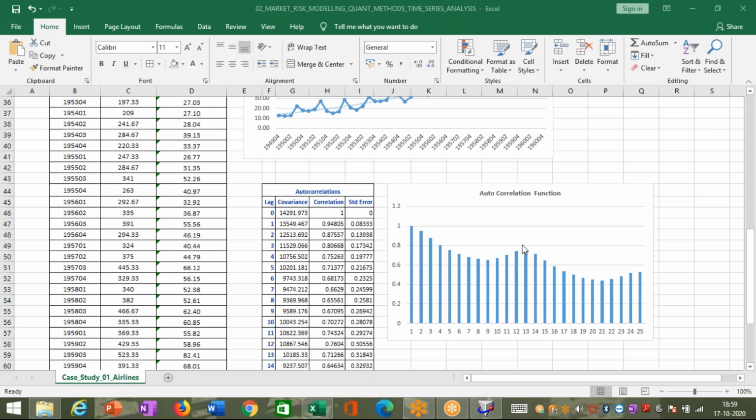Okay. So then again, what you see is that the ACF has decreased up to a point and then spikes up, and then again goes down, and then again spikes up, and this happens at a very regular interval, at a very regular lag.